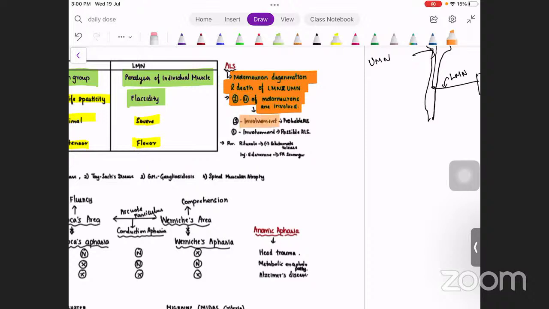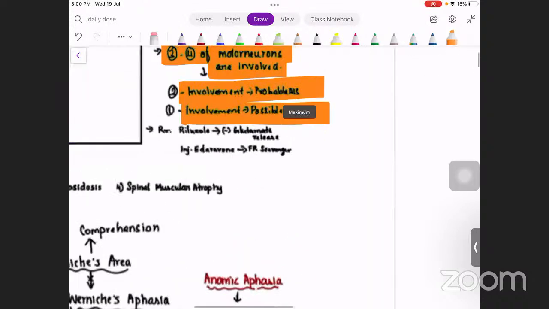If 2 are involved, then it is probable, and if 1 is involved, then it is possible ALS. So for motor neuron degeneration diseases like ALS, 2 to 4 motor neuron regions should be involved in order to make the diagnosis.